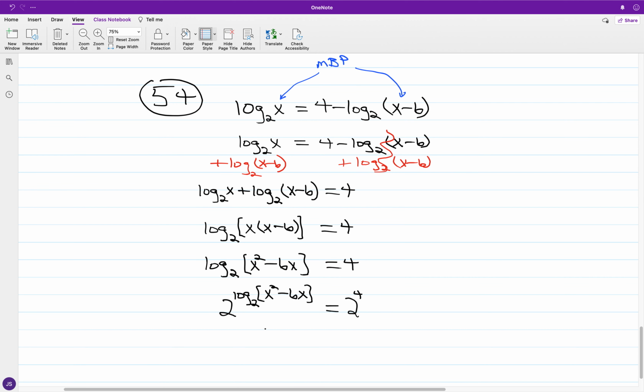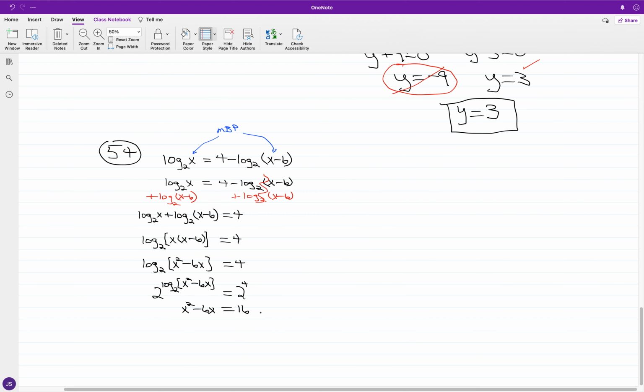So we have x squared minus 6x is equal to 16. And for what we have in following through, writing as a quadratic equation in standard form, I have x squared minus 6x minus 16 is equal to 0.